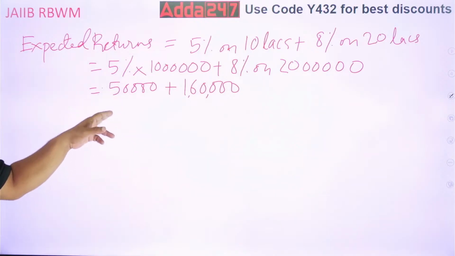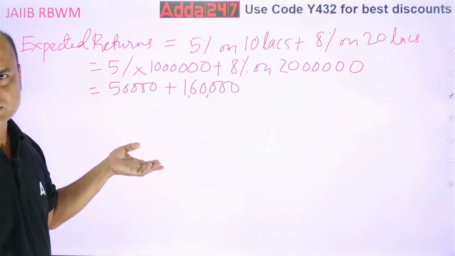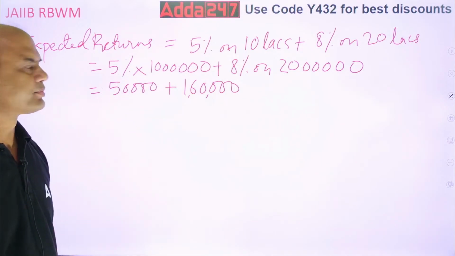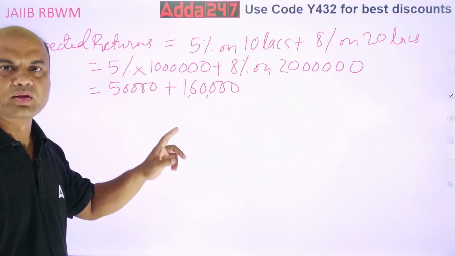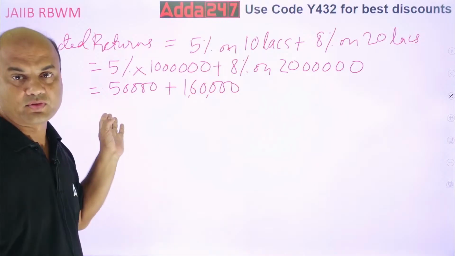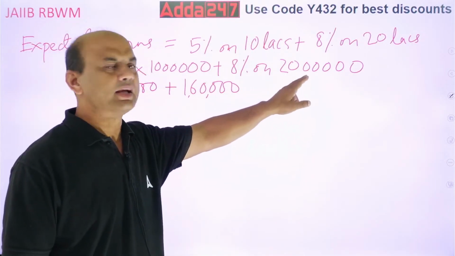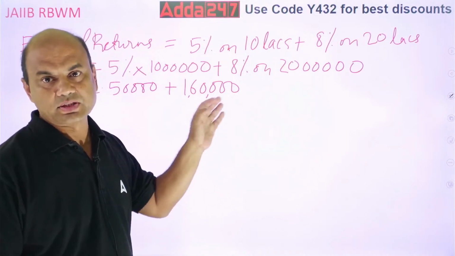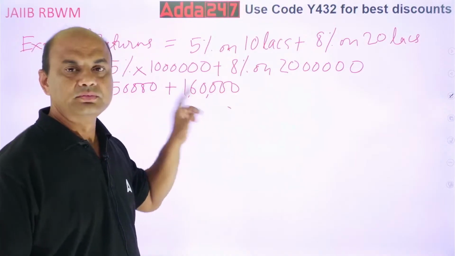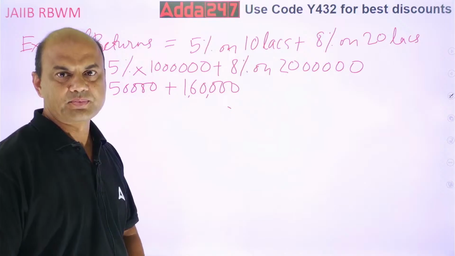See how to calculate it. You can do it orally, or you can do it on the calculator. 10% of 10 lakhs is 1 lakh. So you want 5%, it will be half, 50,000. Similarly, 10% of 20 lakhs is 2 lakhs, so 8% will be less: 8 twos are 16, so 1,60,000.